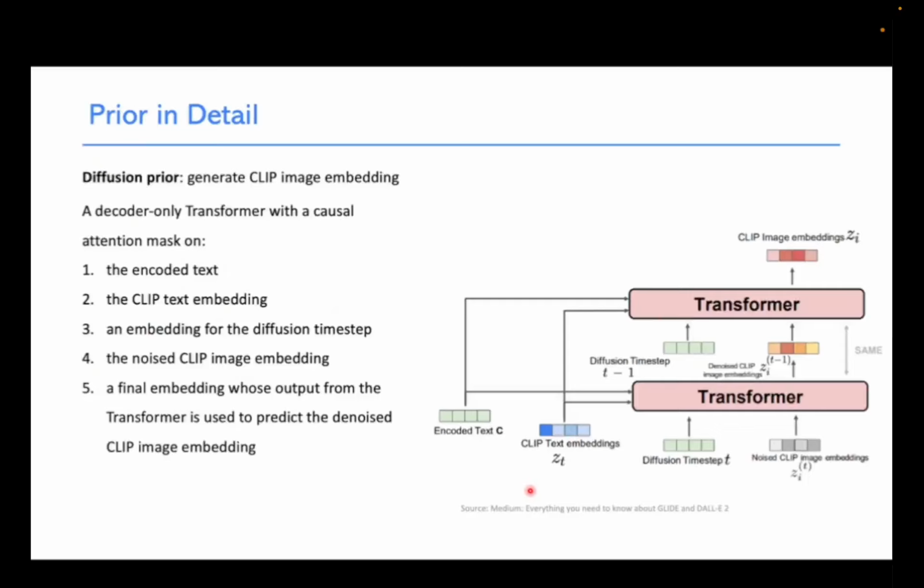So my understanding is the encoded text is not a trainable model, and CLIP, of course, is trained, so it has more embedded information, but they are different. Yeah, that sounds good.